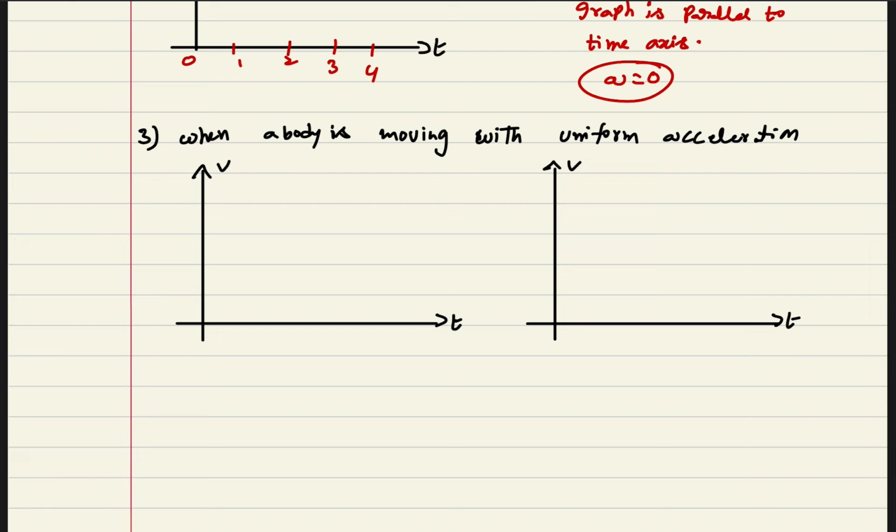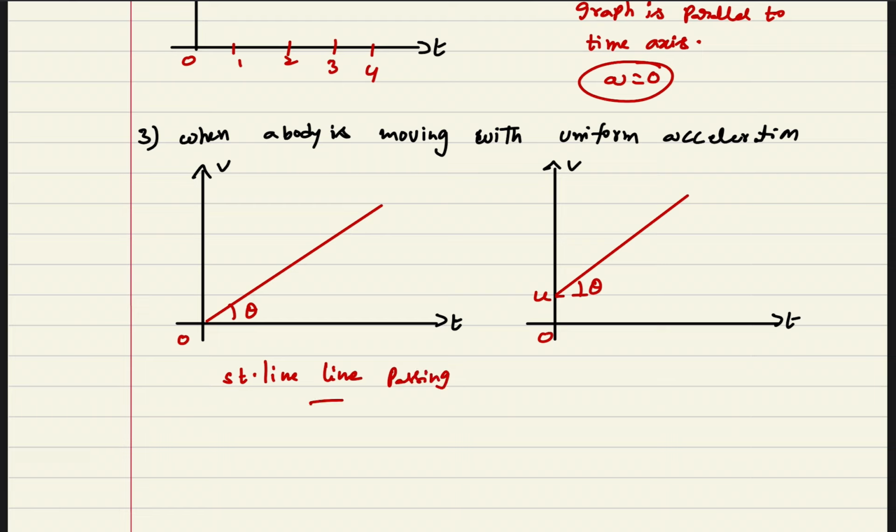In the first case, the body is at rest at t is equal to 0. The second case is not starting from the origin, it has some velocity at t is equal to 0. This graph is a straight line, and here it passes through the origin.